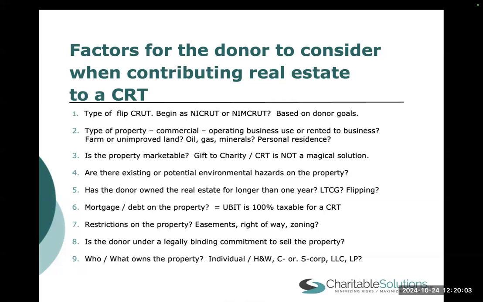So in that case, you're fine, but let's change the scenario just subtly. Your donor is 50-50 in an arrangement with the tenant farmer, where you say, I pay for half of the expenses, the inputs to grow the crop.